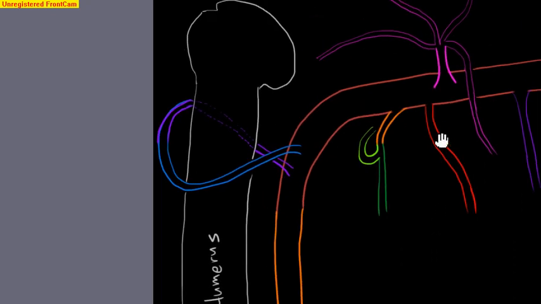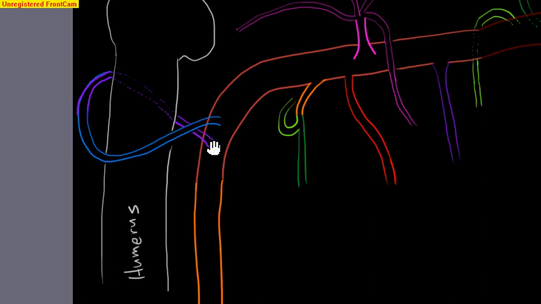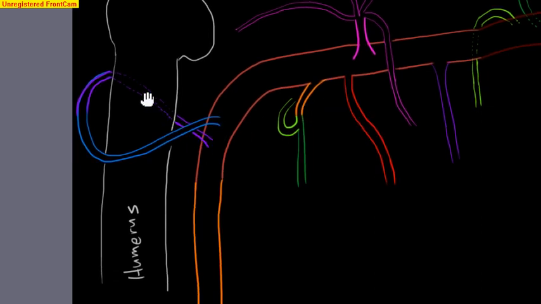Alright, so we got HTL, SPA, S, P, or actually it's PA. These can be switched. This shows a little bit of 3D in a 2D drawing. So we have SPA. P stands for posterior circumflex humeral artery, and the A is anterior circumflex humeral artery.